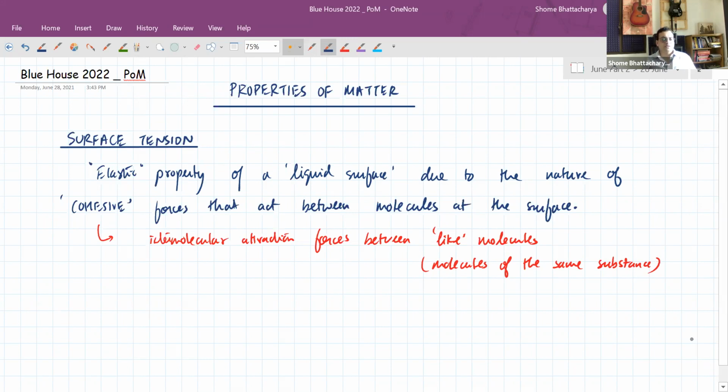So this elastic nature of a liquid surface can be understood from certain observations in everyday life of physical properties.